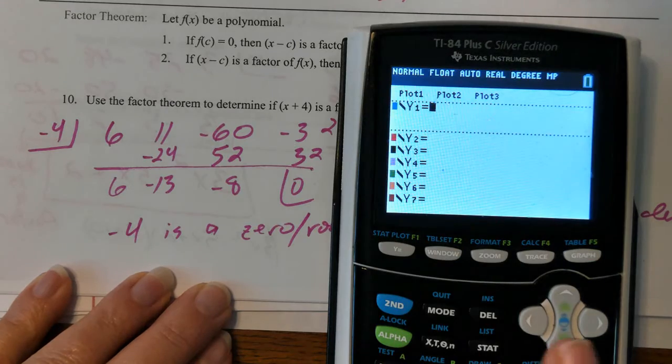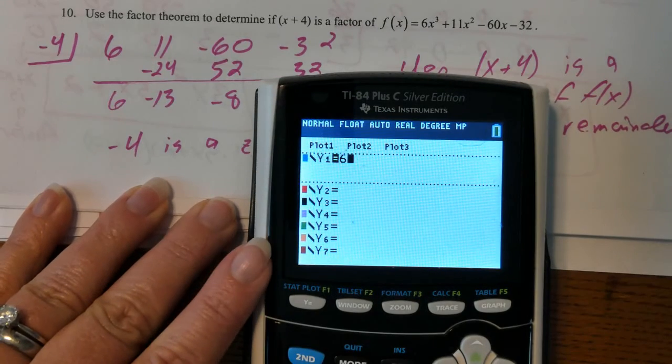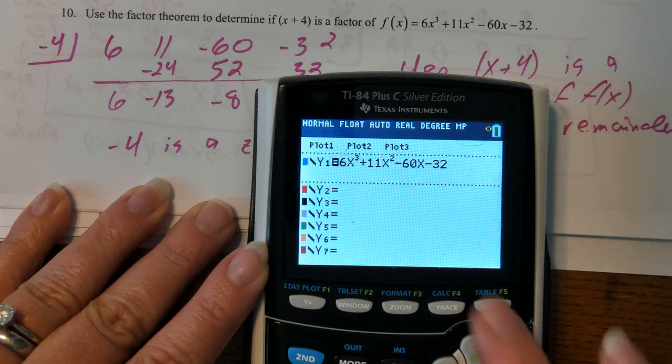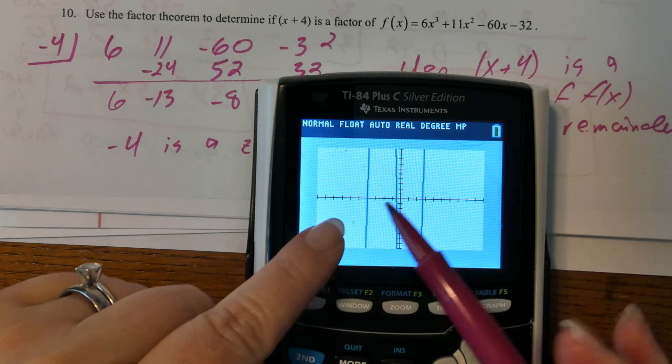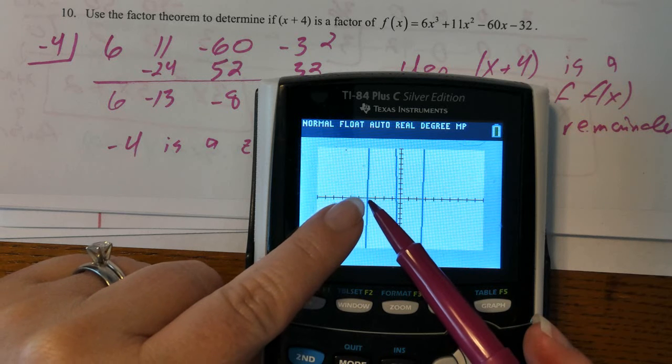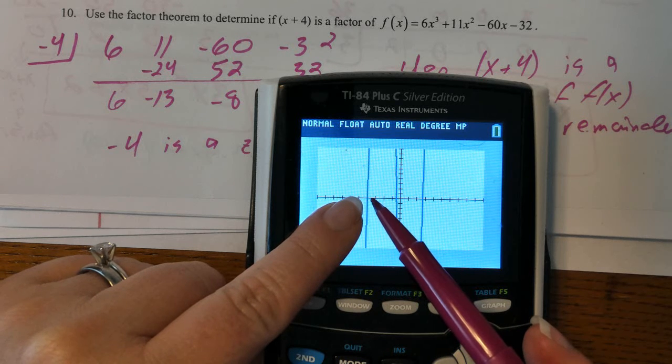Let me go into my calculator here and graph this. I graph 6x to the third plus 11x squared minus 60x minus 32. I'm typing that equation in and I'm going to graph it. Notice that this function hits the x-axis at -4.